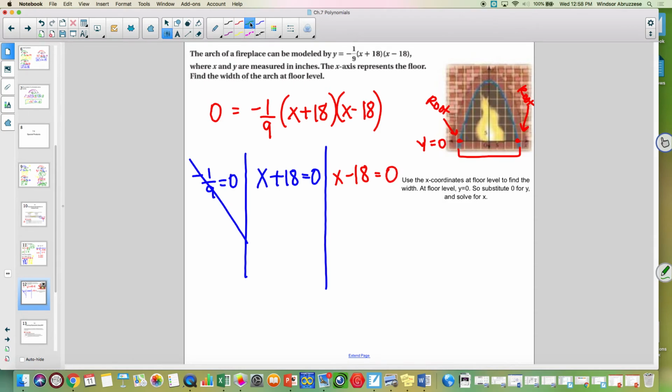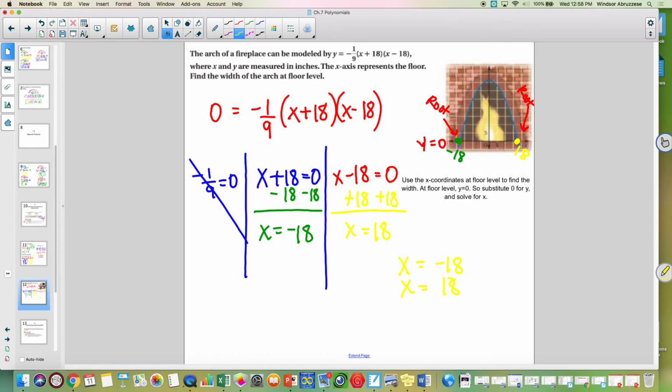So let's solve both. I'm going to subtract 18 here. So my first root is x equals negative 18, which means right here is negative 18. And I'm going to solve the second one. I add 18, so x is equal to positive 18. So my other root is right here at positive 18. So I'm going to write x is equal to negative 18, x is equal to positive 18.